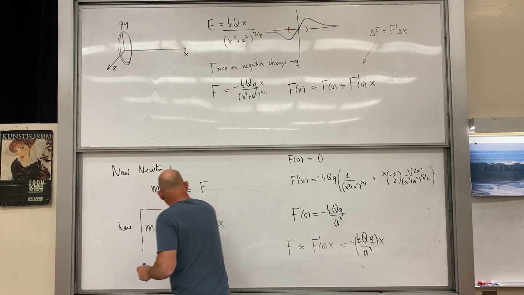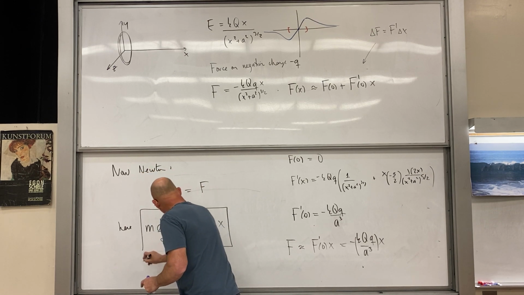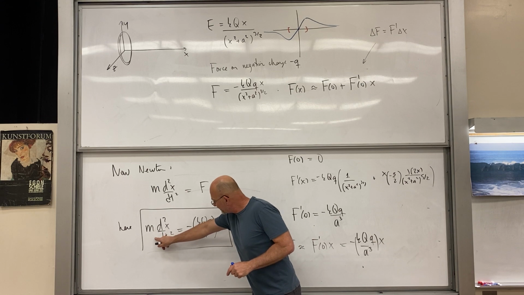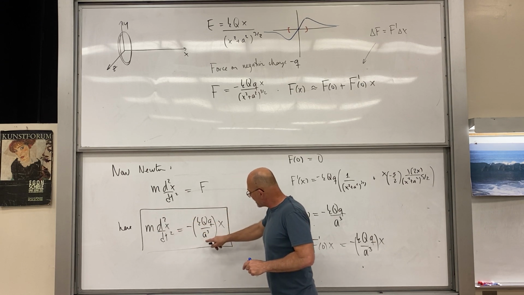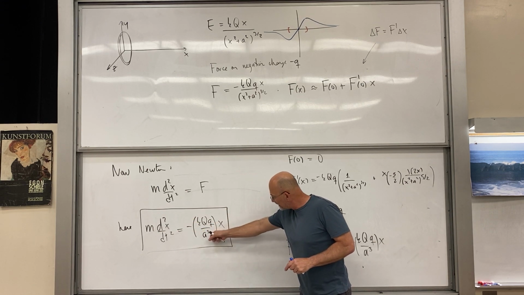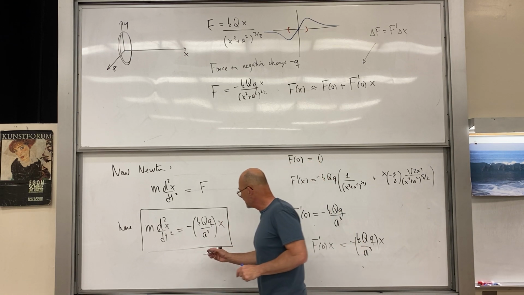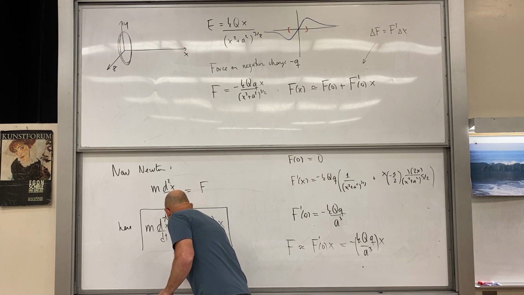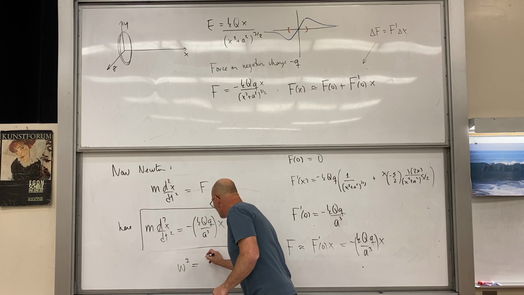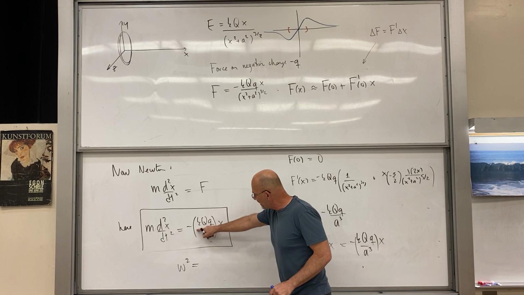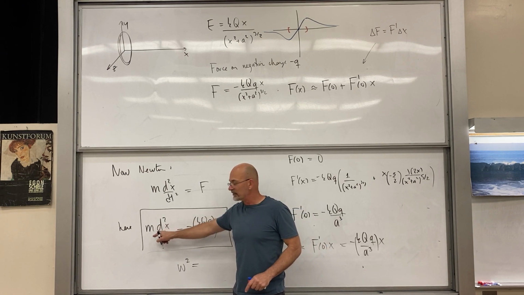So look that up, because once you have mass times the second derivative with respect to time equal to minus a constant times x, you can immediately declare your angular frequency is the square root of this quantity divided by m.